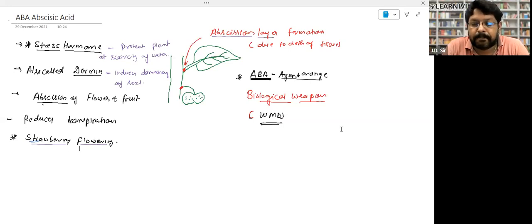ABA closes down stomata and reduces the rate of transpiration so that the plant could withstand high temperature.